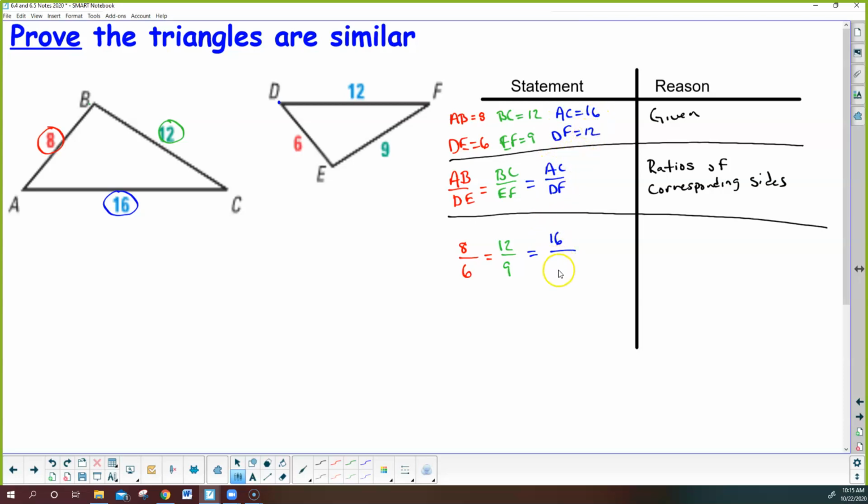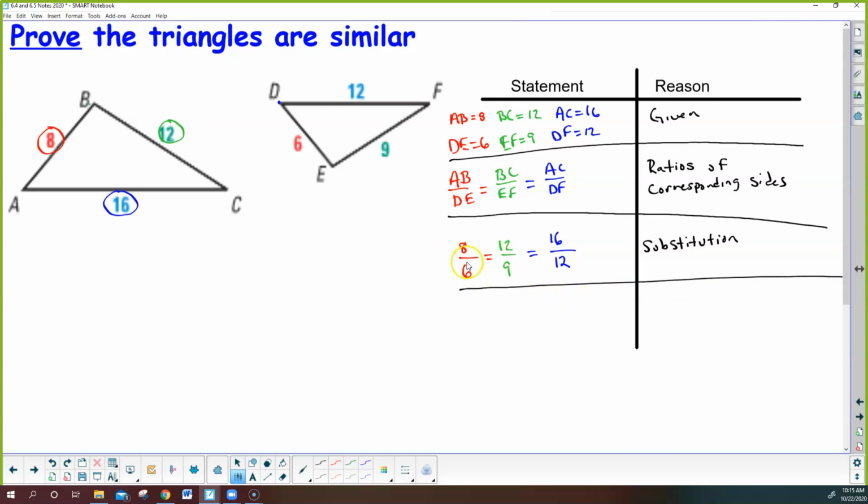That's the big side to the big side. So small to small, medium to medium, big to big. All right, well, in math, what allows me to take a distance AB and replace it with something it's equal to? That's called substitution, when you replace something with equal value.